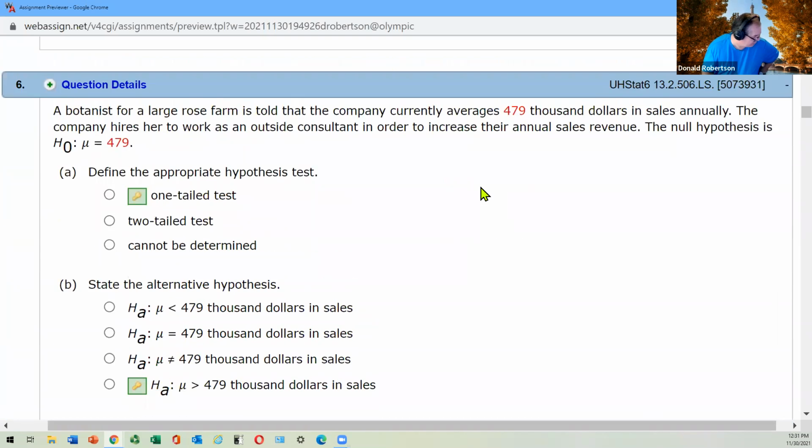Okay, let's do some of question 6. A botanist for a large rose farm is told that the company's current average is $475,000 in sales annually. The company hires her to work as an outside consultant in order to increase their annual sales revenue.